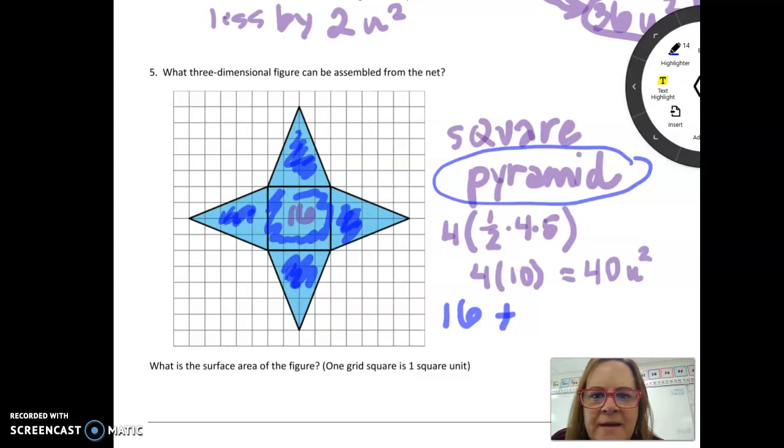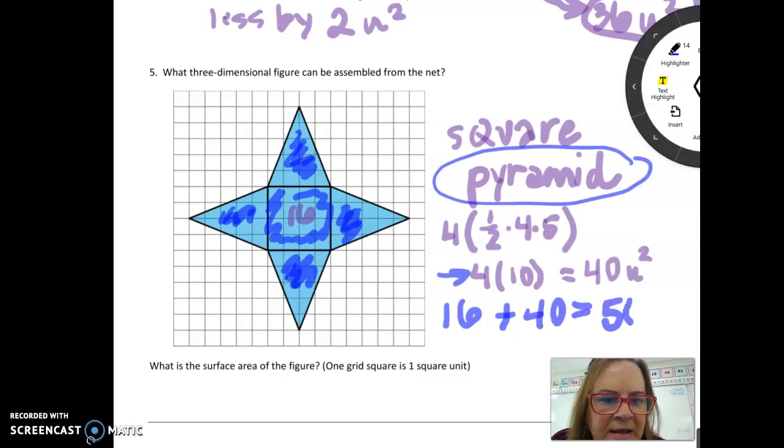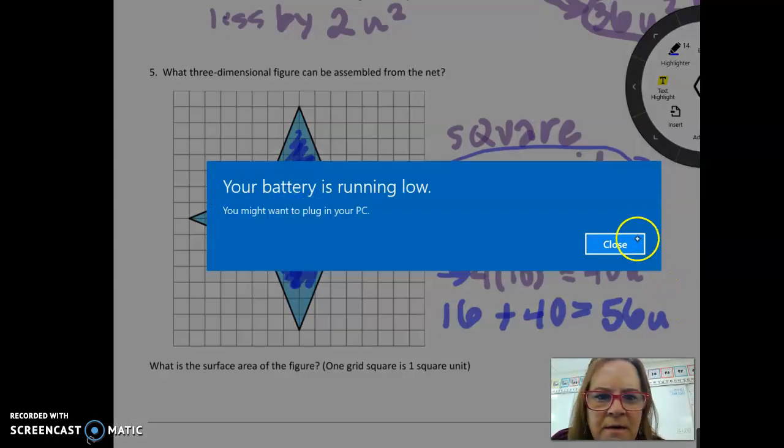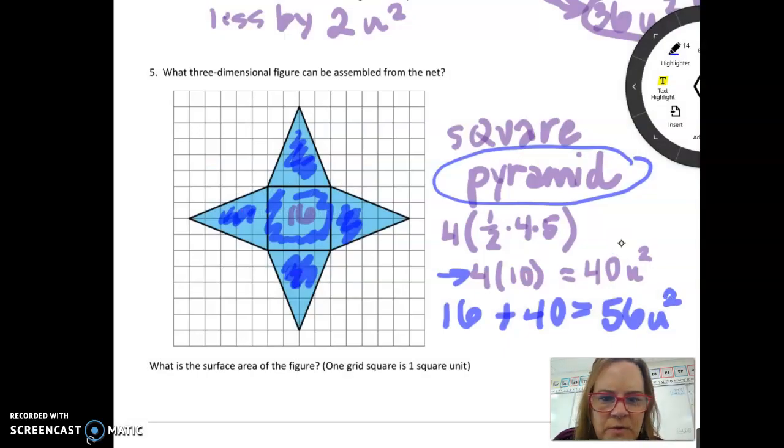The base is 4, the height is 5. And so if I take 1/2 times 4 times 5, it's taking 1/2 of 20, and 1/2 of 20 is 10. So I'm taking 4 times 10, which is 40. I'm going to add that to the 16, and I get 56 square units.